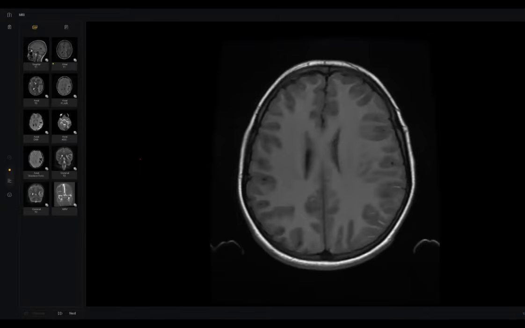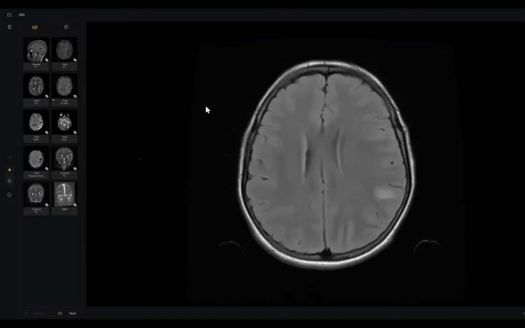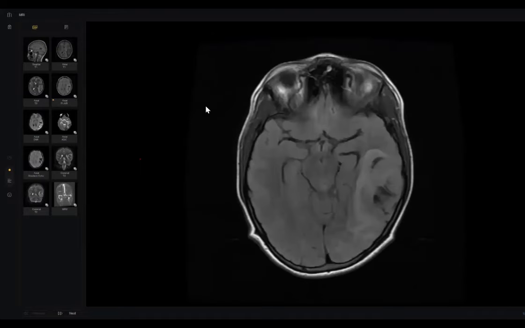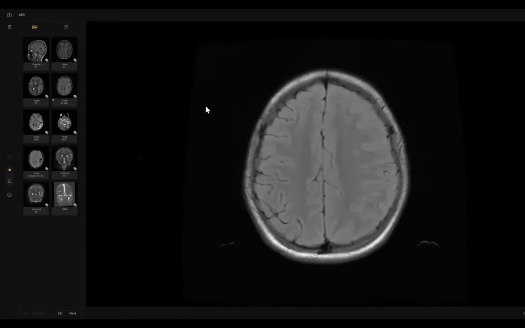Can I have a look at the other sequences, like FLAIR or any post-contrast image? Okay, this is a FLAIR image of the same patient. On the FLAIR image, the previously described lesion is predominantly hyperintense with central areas of low signal intensity.